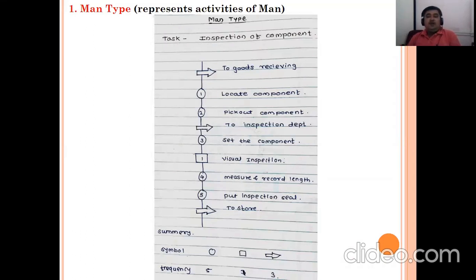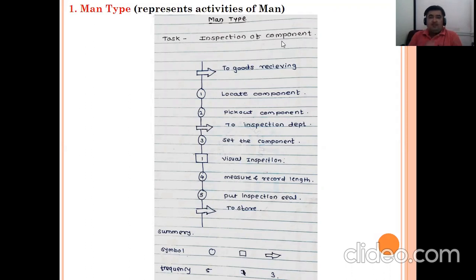Then on the inspection table, we are placing the components. That we can call locating the component. You have just received the goods, one component, two components, and you have kept them on the inspection table. Sometimes we need to put the component at different angles so that we can measure the other sides.